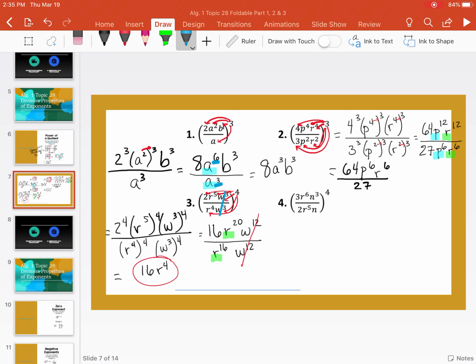Sorry, last problem. We have 3r to the 6th n cubed over 2r to the 5th n to the first, all raised to the 4th power. So we're going to apply our exponent to every single term. You all know the drill.